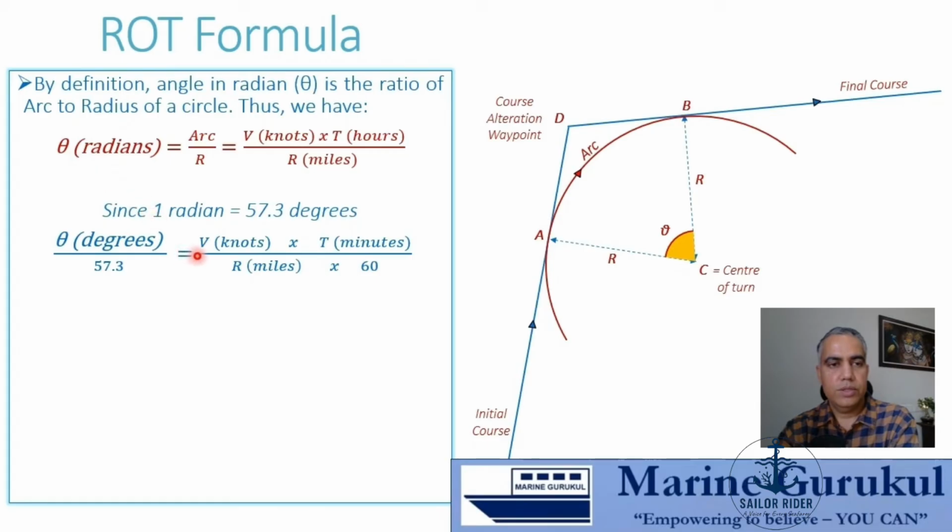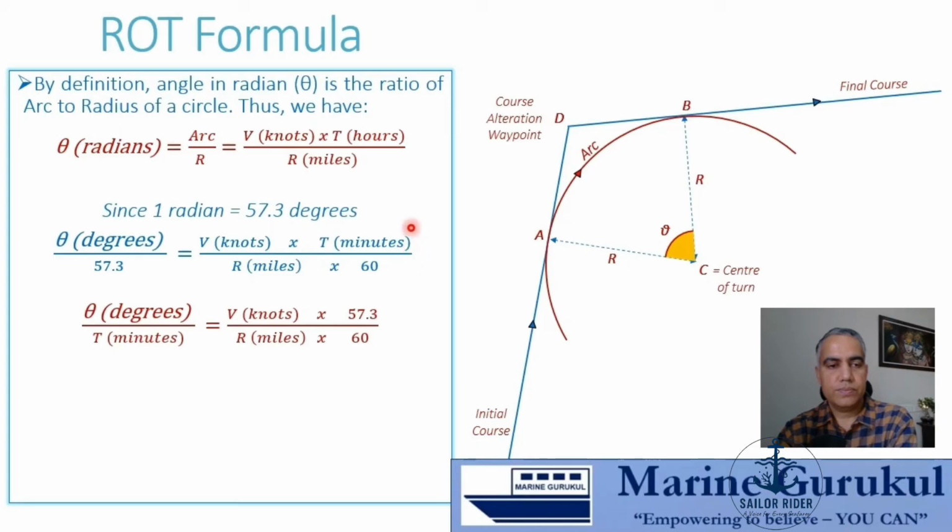Going to the right hand side, we have the speed V in knots multiplied by time t in minutes. So this time has been converted into minutes now instead of hours, and this t minutes divided by 60 gives us the same value as the time in hours. So in the denominator we have the radius as usual in nautical miles. So you can now see radians have been converted to degrees and the time has been converted to minutes.